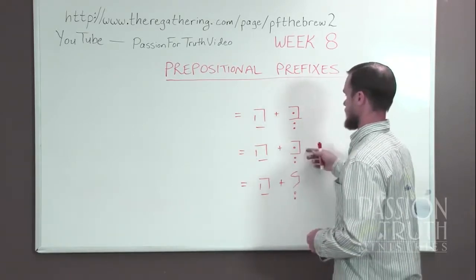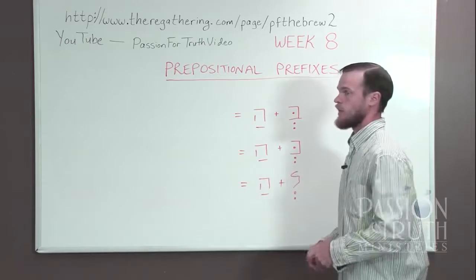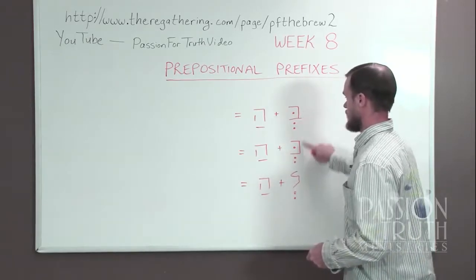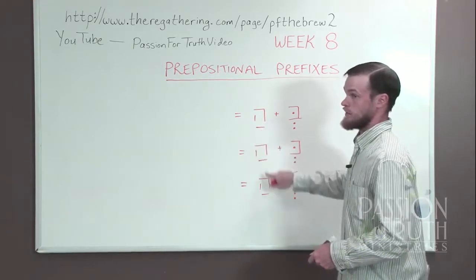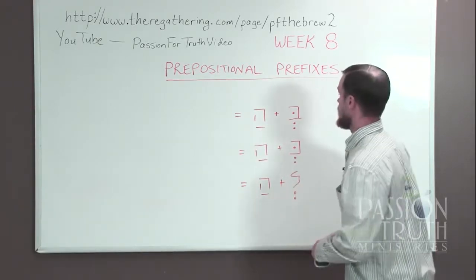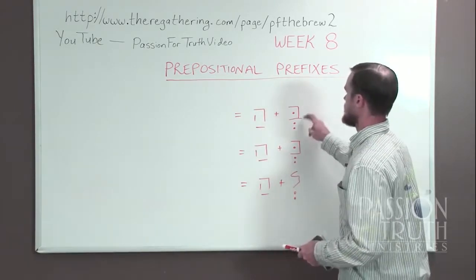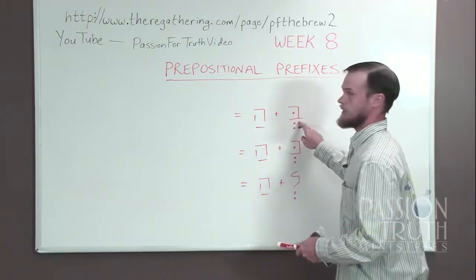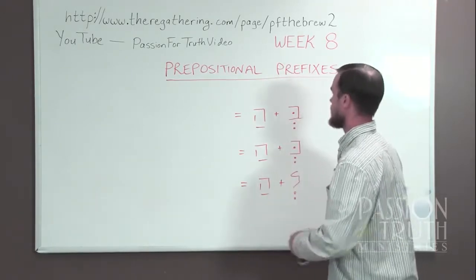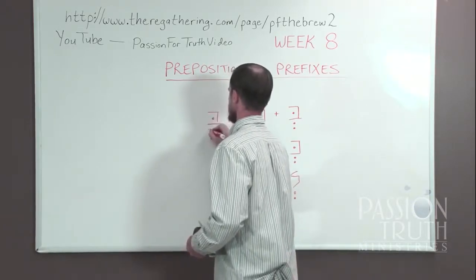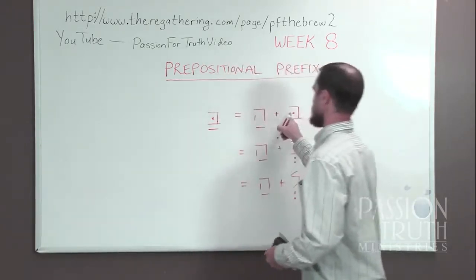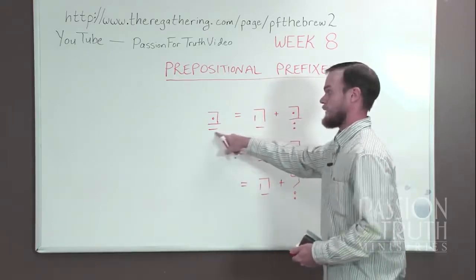When any of these prefixes combine with the definite article, they will take the letter of this prefix along with the vowel that would accompany the definite article. So in, b, it would be in; ha is the; in the, though, is ba. The letter from this prefix, the vowel from that one.